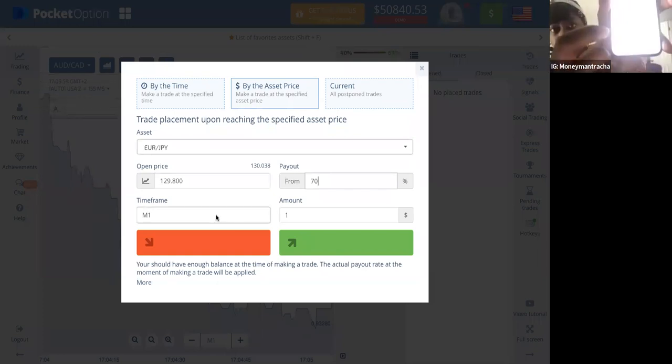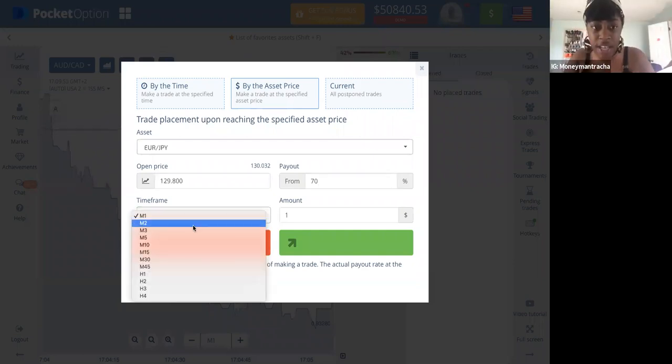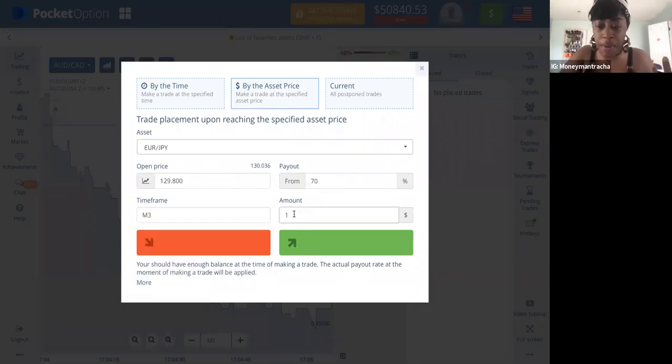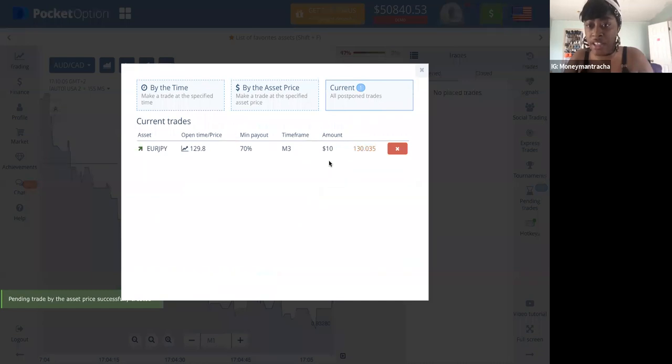It literally says 3-minute buy. So I'm gonna change my time frame to 3 minutes, put in my risk amount and click buy. Now that adds it to my current trades. So whenever the market hits that point, it's going to put me into the trade automatically and I don't have to do anything else.